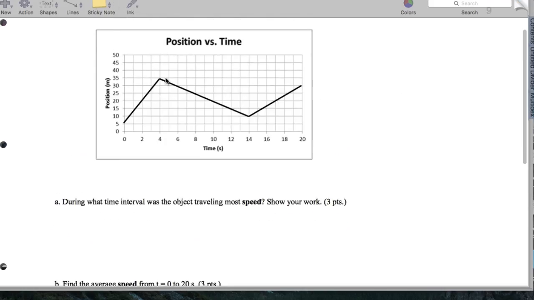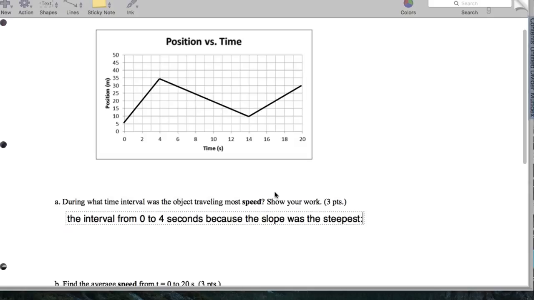All right, so during which interval did we have the largest or the most speed? I will say the interval from 0 to 4 seconds because the slope was the steepest. And then what I would do is I would actually calculate that.